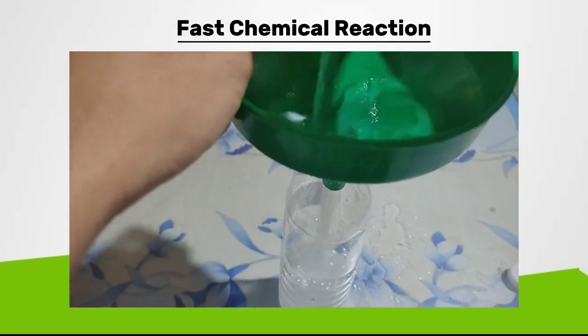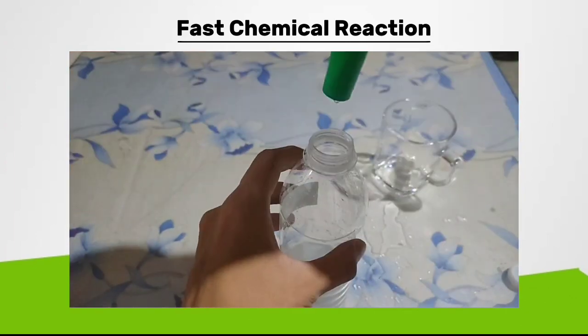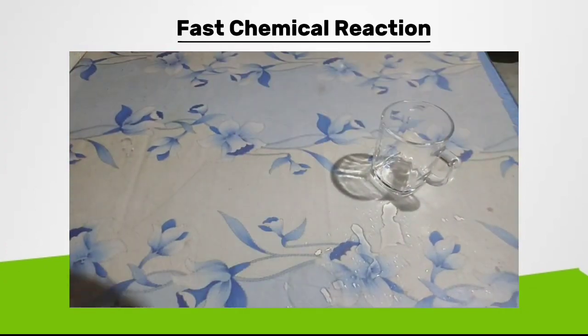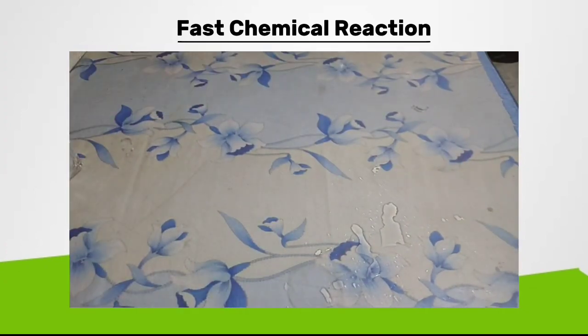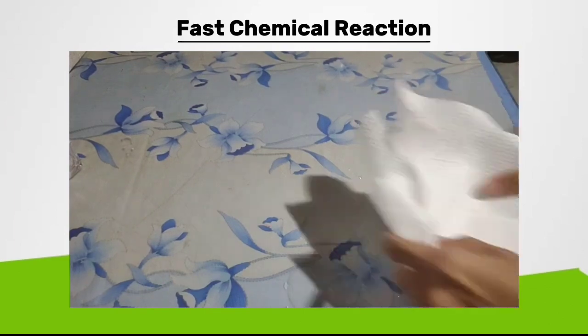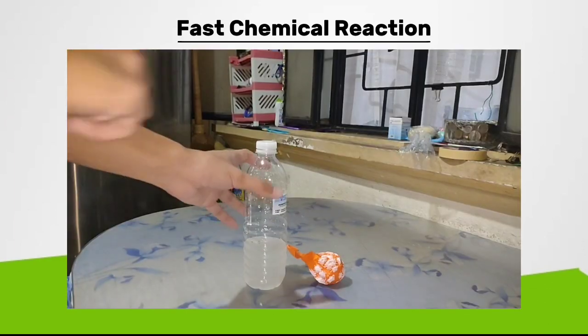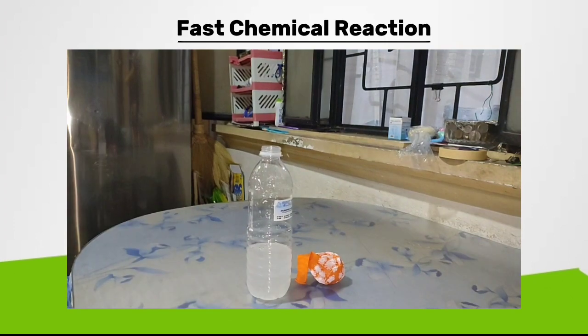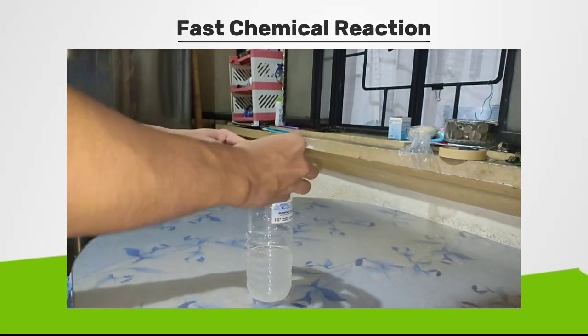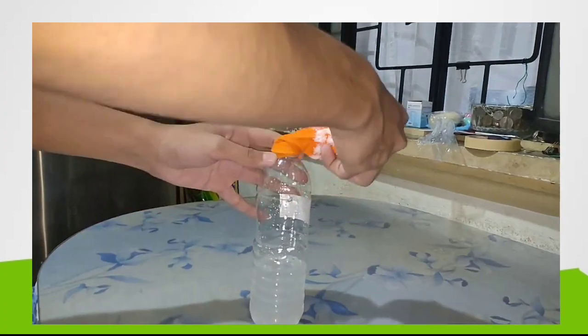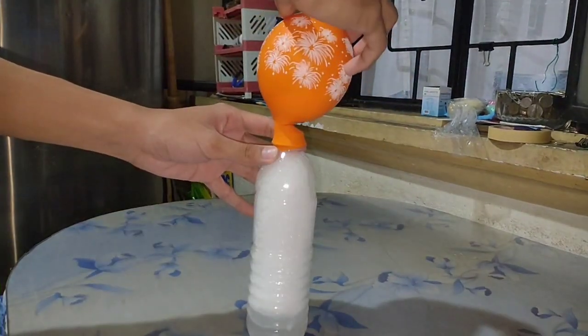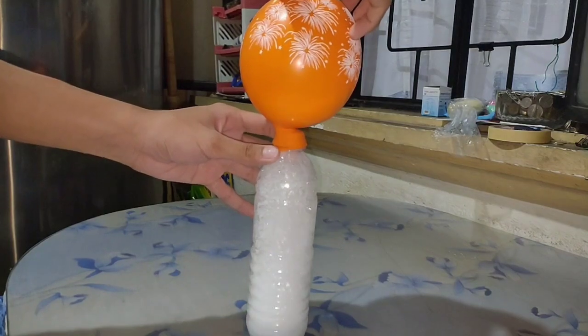Also, don't forget to create a mess. Clean it so your tabletop will not smell like your armpit. Attach the balloon onto the bottle and pour the baking soda into the vinegar. Finally, enjoy watching as the vinegar and baking soda reaction takes place.